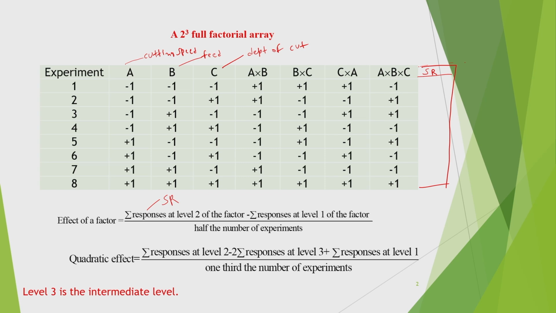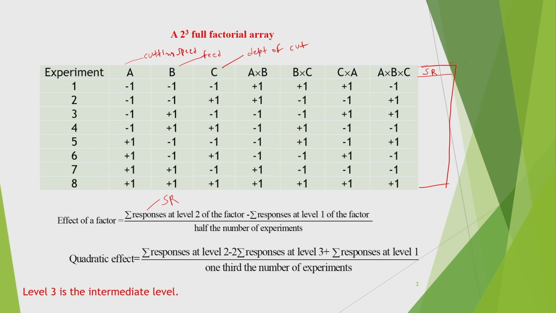We can designate them in terms of numbers: the low level I can designate by -1 and the high level by +1. Please understand that this -1 and +1 is not in the strict arithmetic sense. My -1 may be 200 rpm and +1 may be 300 rpm.